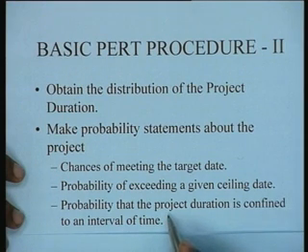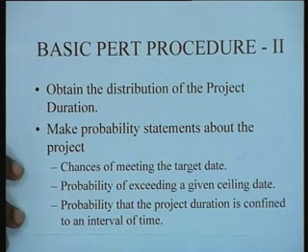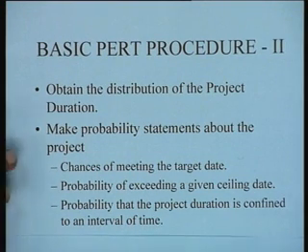That means what are the chances that the project would be completed between 3 months and 4 months? You could answer these questions very exactly by making appropriate probability statements from the distribution of the project duration.